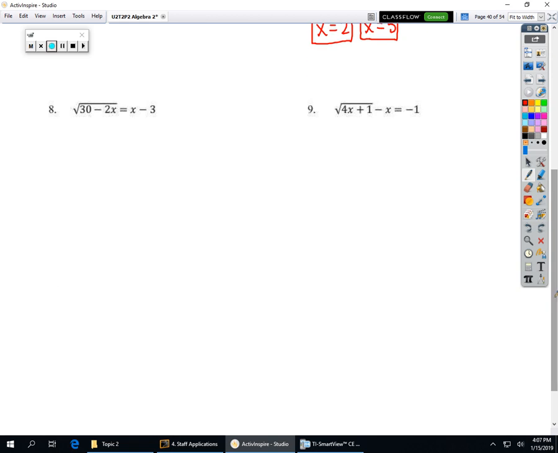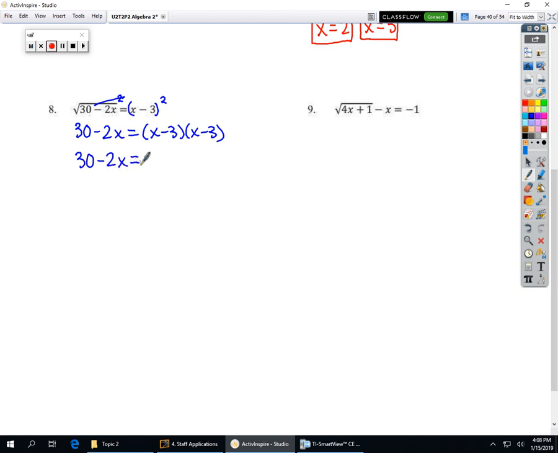All right, moving to 8. Do the same thing again. Square both sides. These cancel. I got 30 minus 2x equals x minus 3 times x minus 3. All right, so that becomes 30 minus 2x.